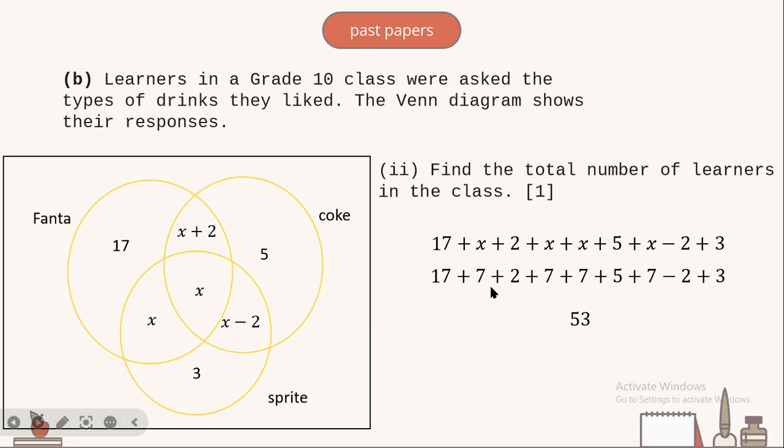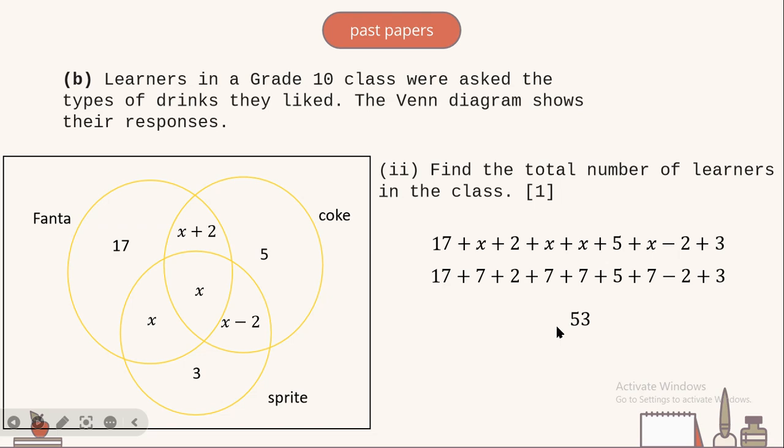So 17 plus 7 plus 2 plus 7 plus 7 plus 5 plus 7 minus 2 plus 3 will give you 53. You can calculate it if you want to prove your work. Otherwise, this is how it is handled. I hope you are following along.